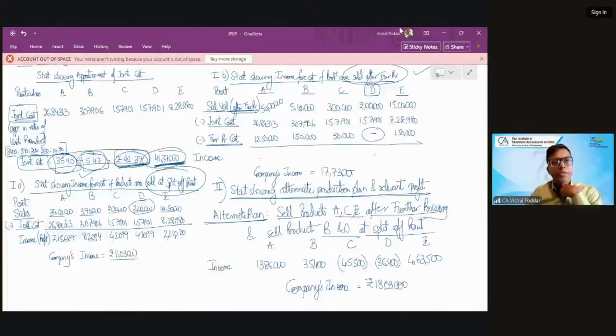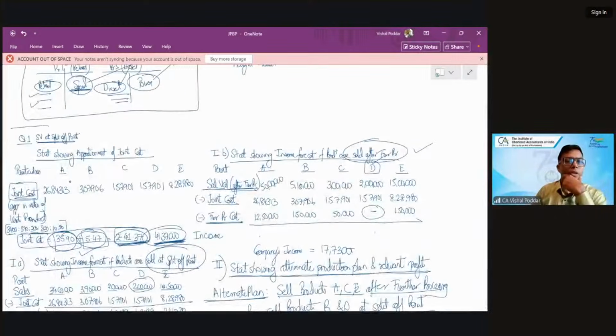Harsh Mishra, which method is this? Students, which method we just are solving? So the company profits remain the same, huh? Which method are we solving, Harsh? See, the name of the method I've already written. We are solving this sum by sales value at split off point. Wow, Mustafa, where are you?